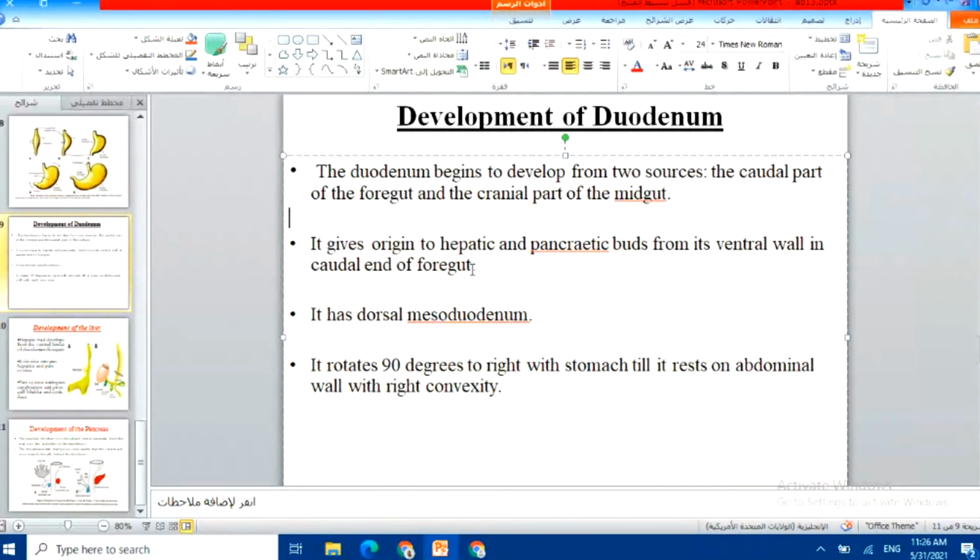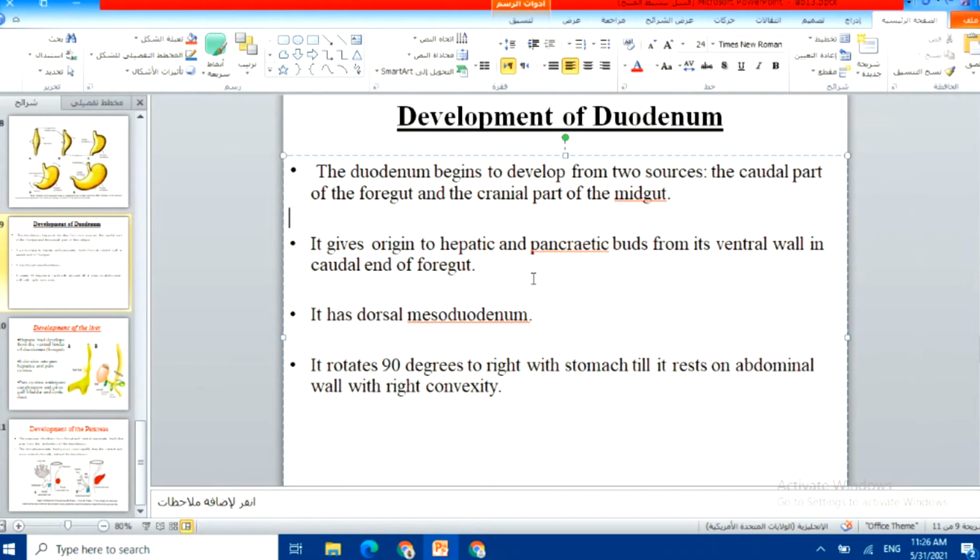The part that develops from the caudal end of the foregut will form the hepatic and pancreatic buds.